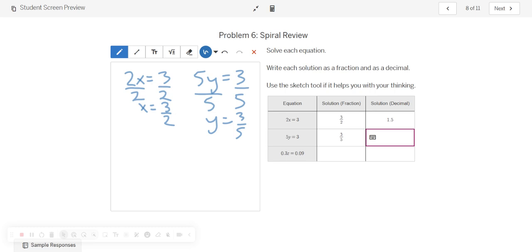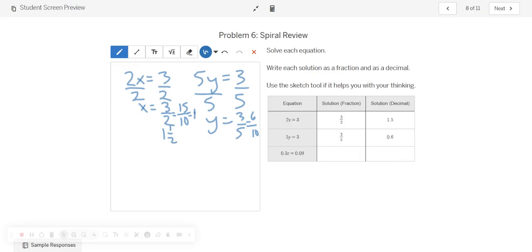And 3/5 is the same as 0.6. 3/5 is 6/10. Same with this one here. How did I get that it was? I changed it into 15/10, which is the same as 1.5. Or I just knew that 3/2 was the same as 1.5.